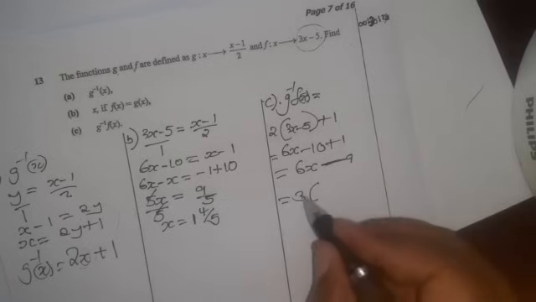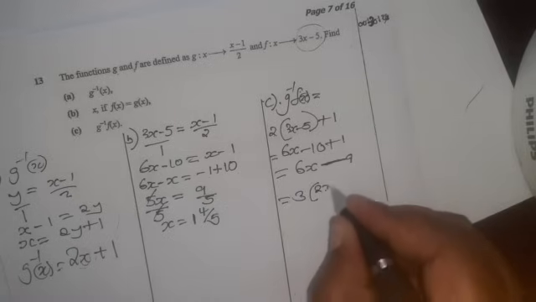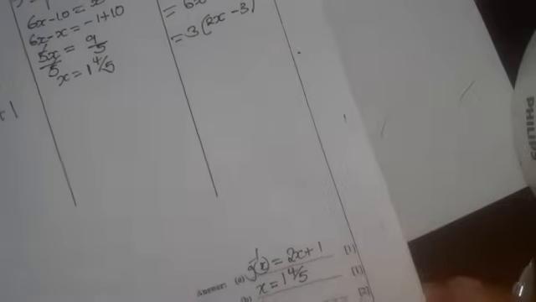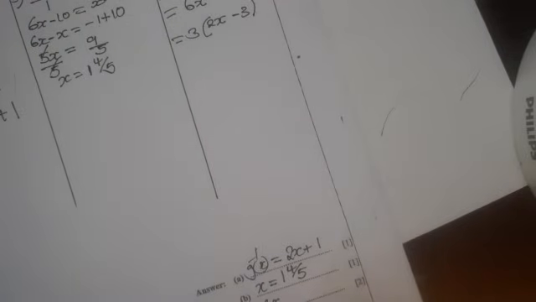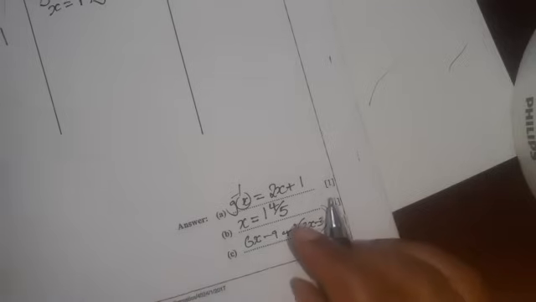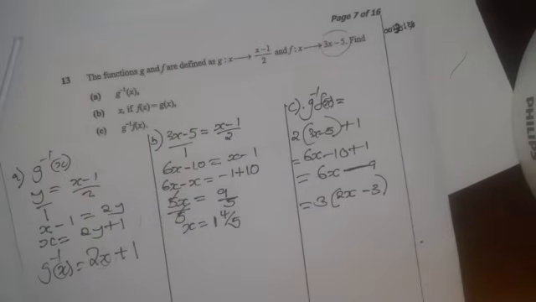This into that, it is 2x minus what? 3. Okay, you can write that one: 6x minus 9, or 3 times 2x minus 3. It's okay, this one. That's where we end for this question. Okay, we go to the next one.